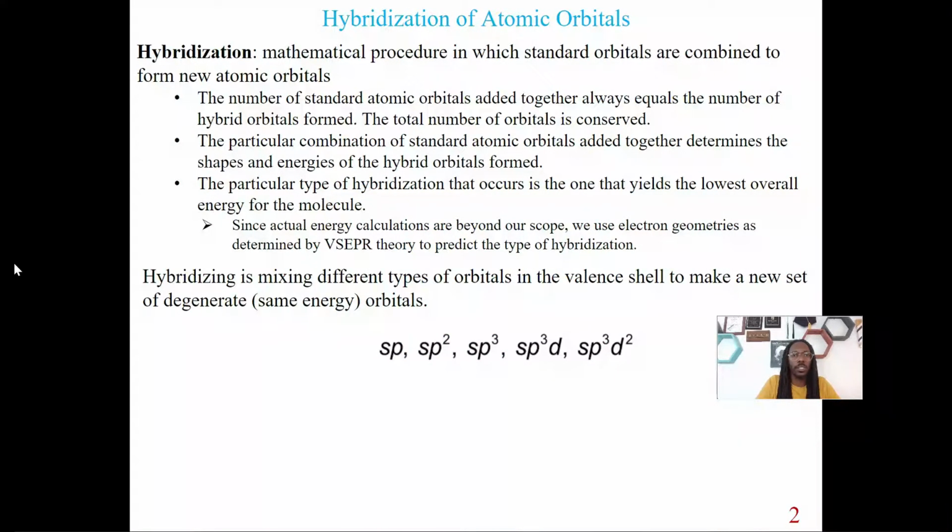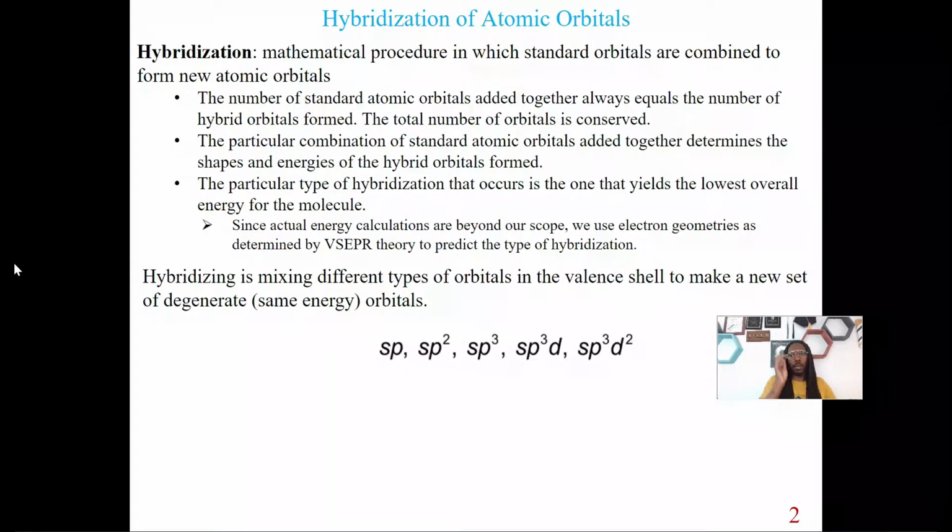Hybridization is basically a math procedure in which the standard orbitals are combined to form new atomic orbitals. The standard atomic orbitals are added together, and they equal your new hybrid atomic orbitals. You're never going to have a different number of orbitals; they are always equal to each other.